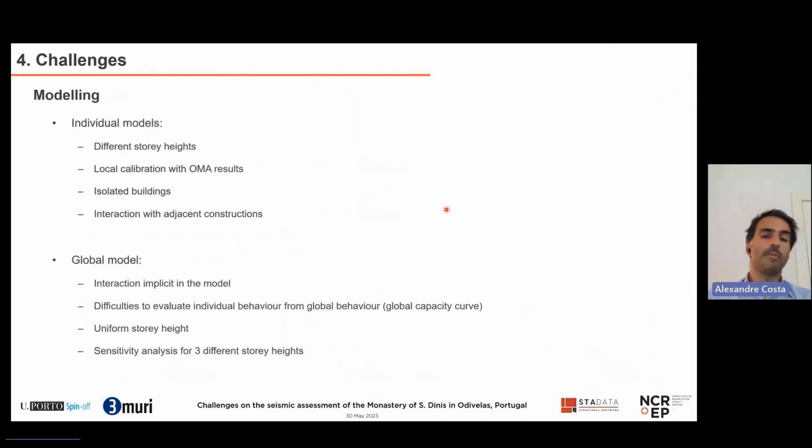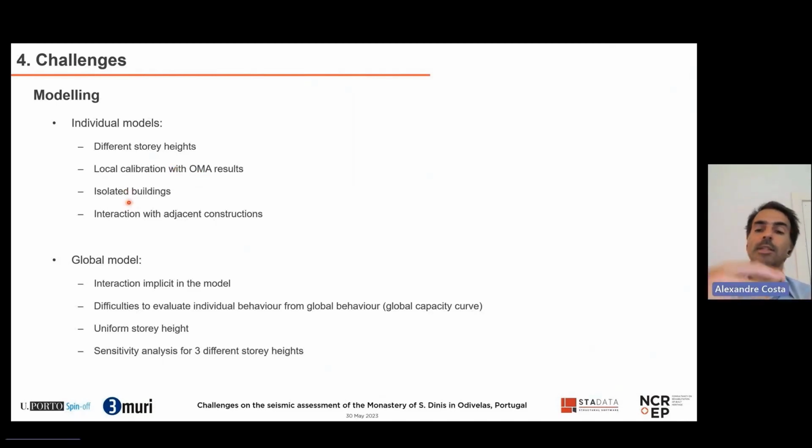Regarding modeling, we have 2 approaches. The first choice to be made was individual models, so we could better control the behavior, understand the buildings better, and simulate different story heights. We could also refine or do better local calibration, making use of operational modal analysis results. So we could model isolated buildings.